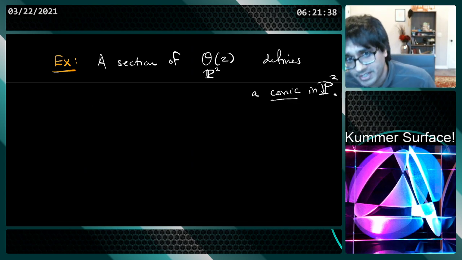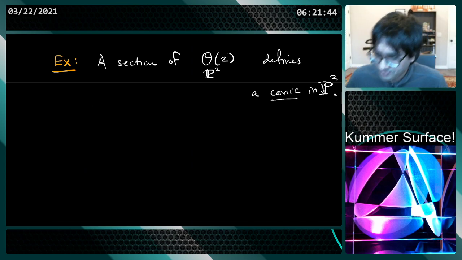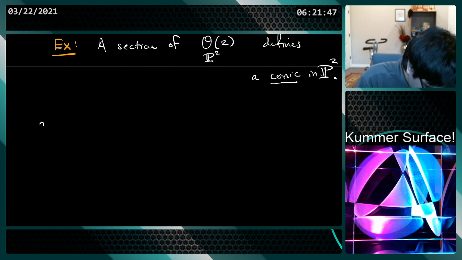And every conic arises as the vanishing scheme of a unique section up to scale. All right? Okay, so that's one comment.